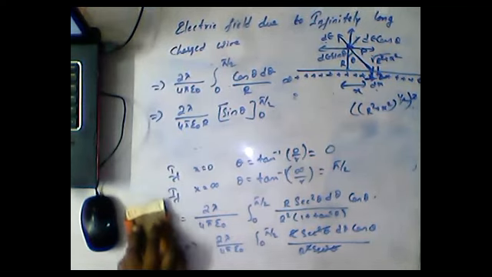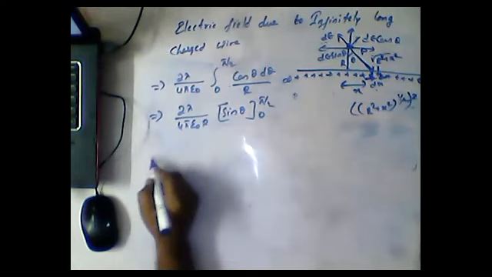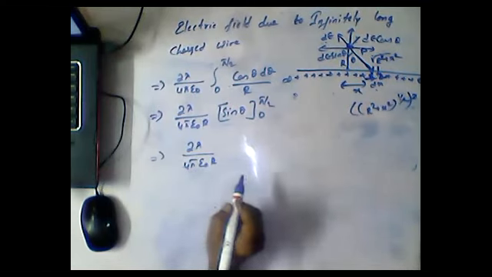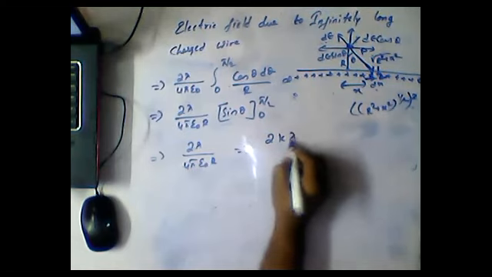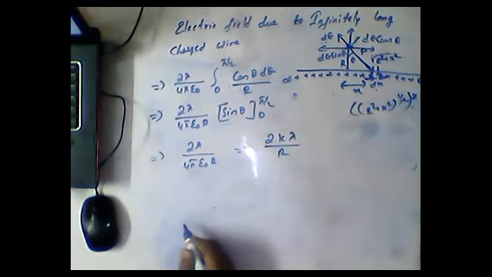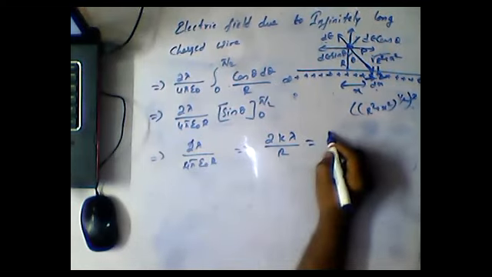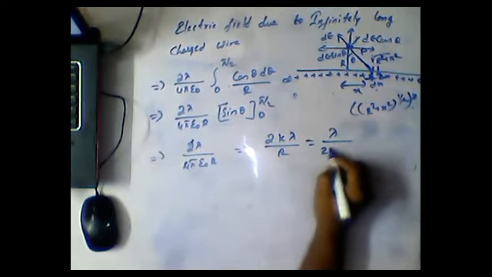So our answer will be 2 lambda by 4 pi epsilon r, or in terms of k, we can write 2k lambda by r, or by cancelling these two, we can write lambda by 2 pi epsilon r.